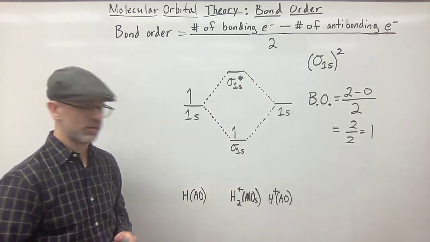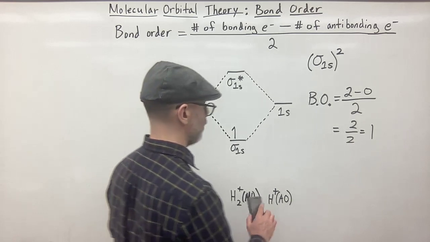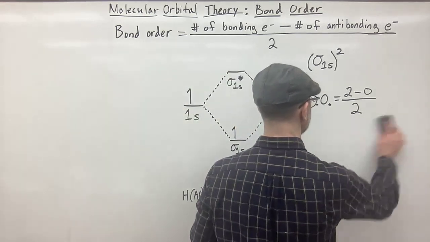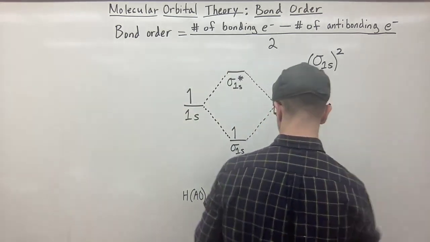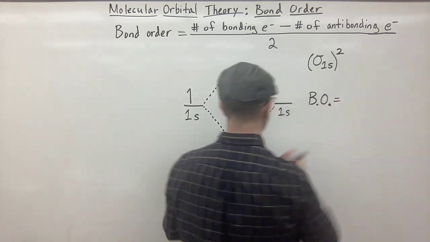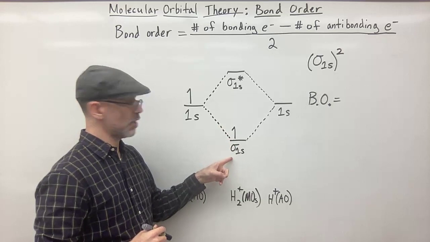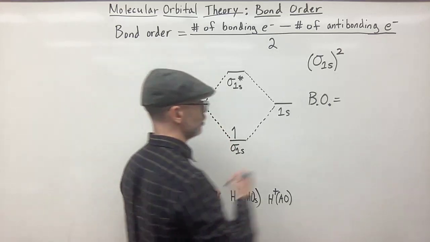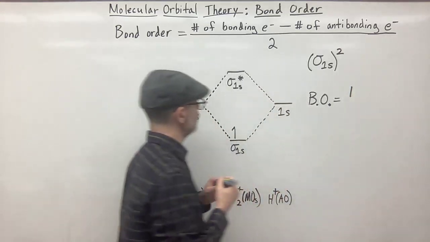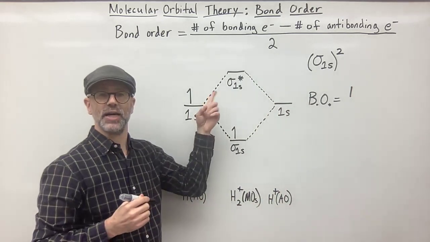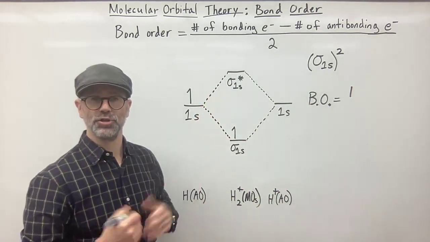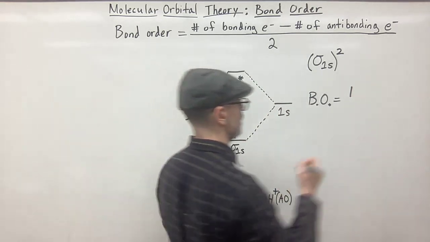If we calculate the bond order of H2 plus, in this case we have one electron in the bonding orbital, so that's 1. We still don't have any electrons in the antibonding orbital, so that's 0 antibonding electrons.